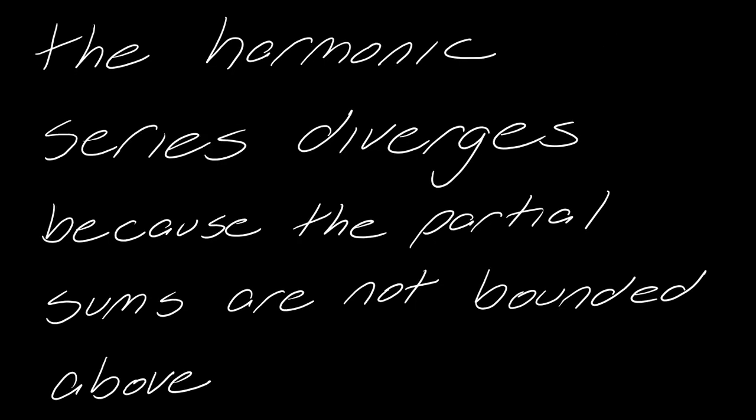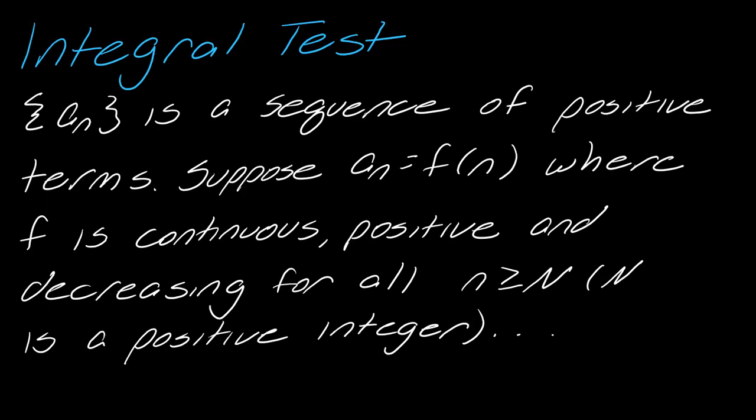A more efficient way of determining whether something is bounded from above or not is to use what's known as the integral test. The integral test relies on integrals, which have a connection to area, and partial sums also have a connection that we can represent with area.